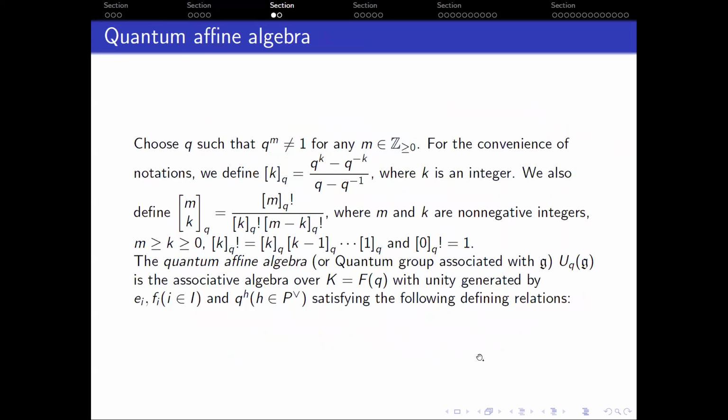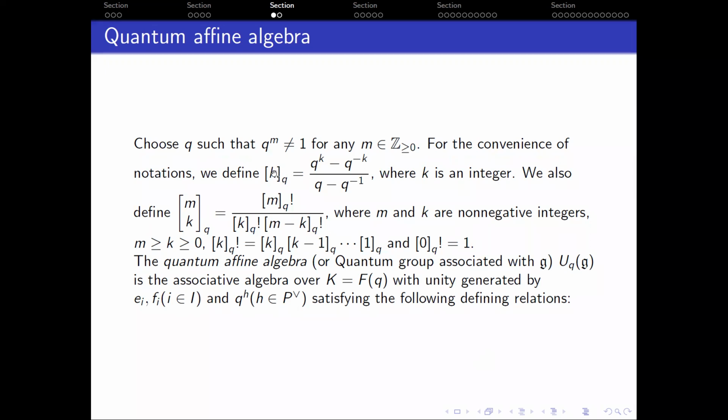Now I want to go to the quantum case. So let's take q, just some indeterminate, particularly it should not be a root of unity. Now we will define q integers, q binomials, and q factorials.